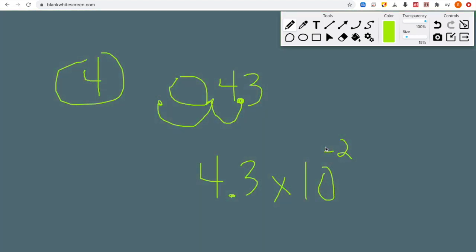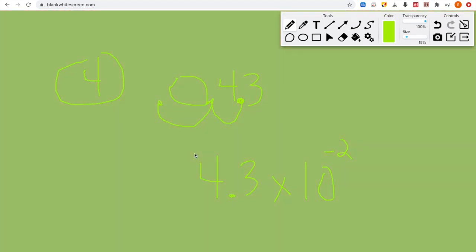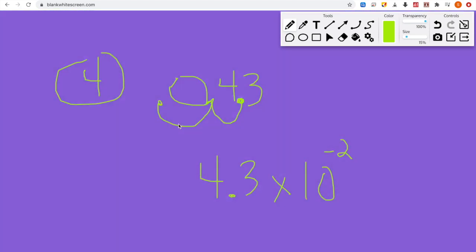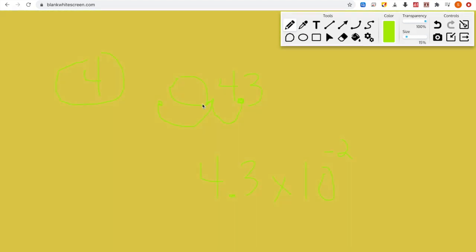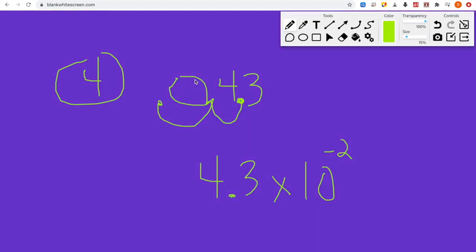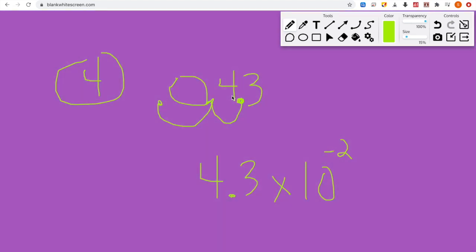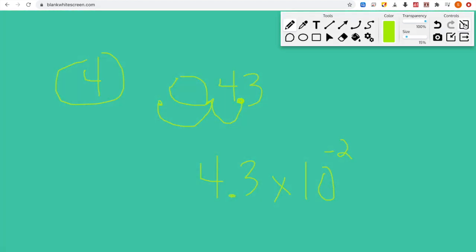One more time, the important piece here is that you need to move it over 1, 2 spaces in this one because the number in front of the decimal has to be between 1 and 10, and 0 is not between 1 and 10.